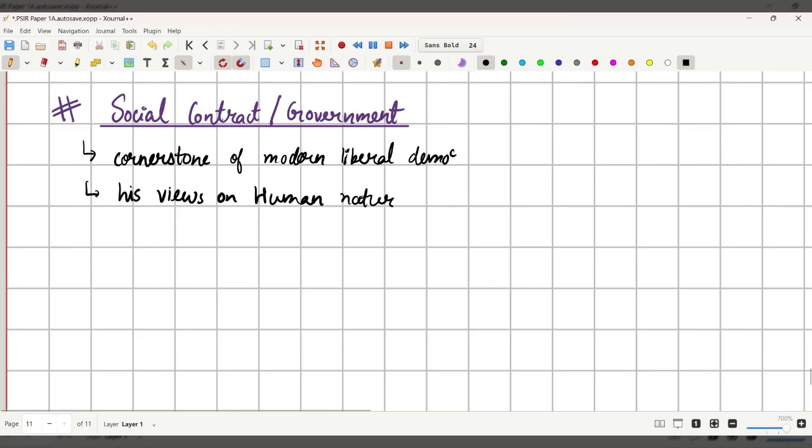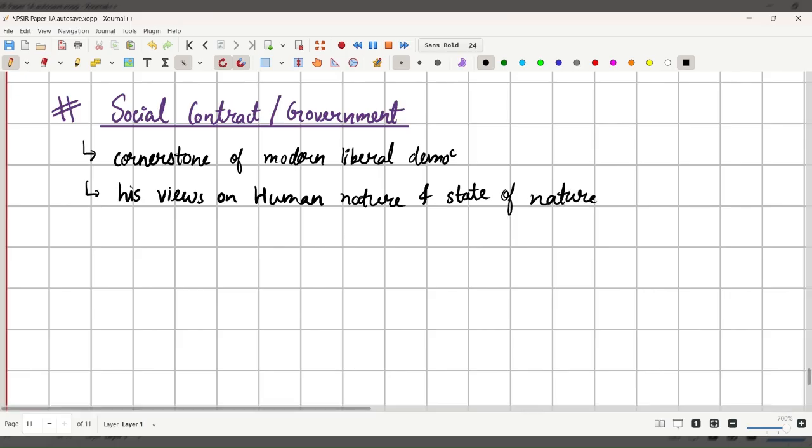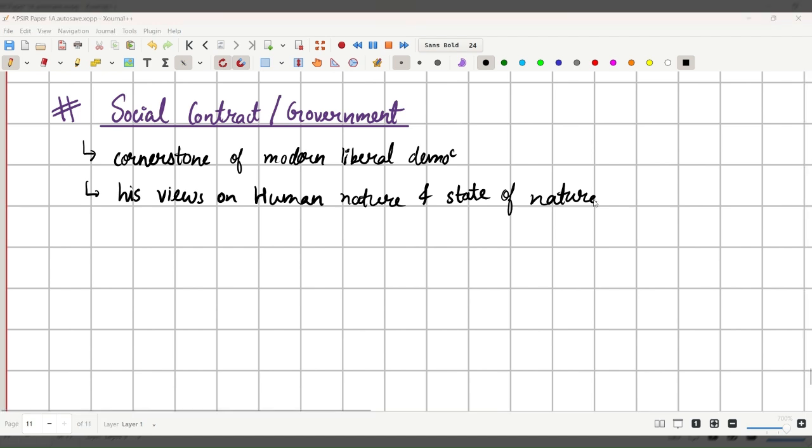We have studied this above, so I won't repeat it, but in short, Locke believes that humans are fundamentally rational and enlightened, guided by reason. Locke's state of nature is very peaceful and full of goodwill and mutual assistance, and people there already enjoy their natural rights.